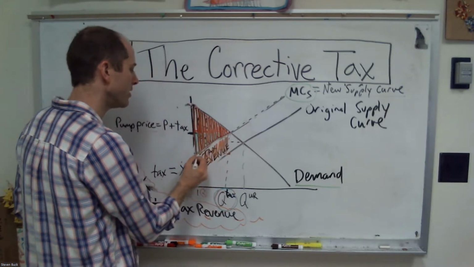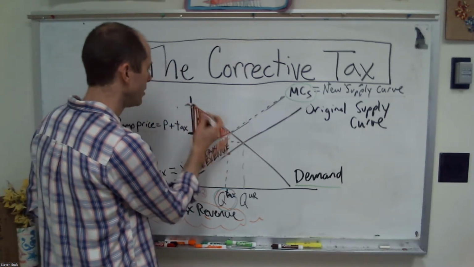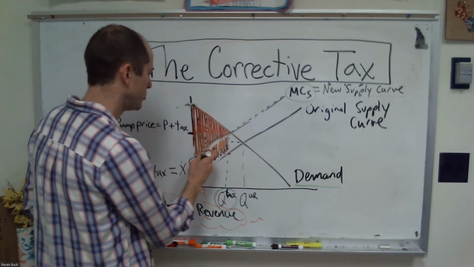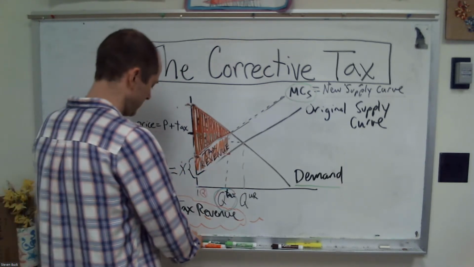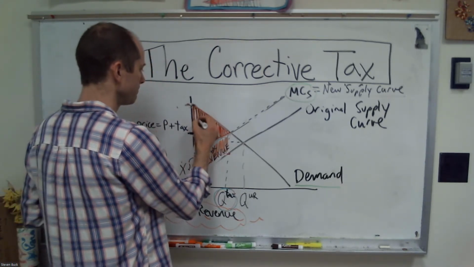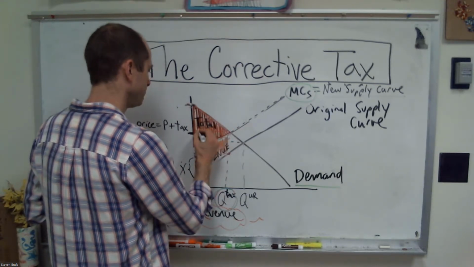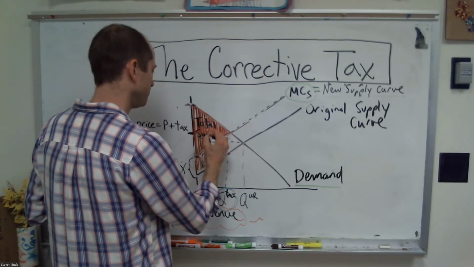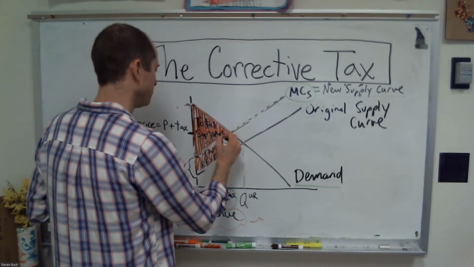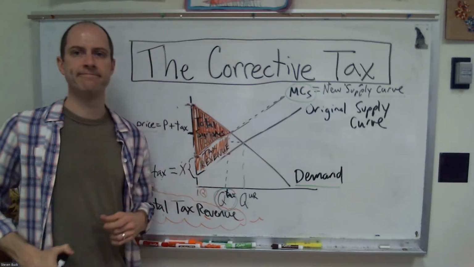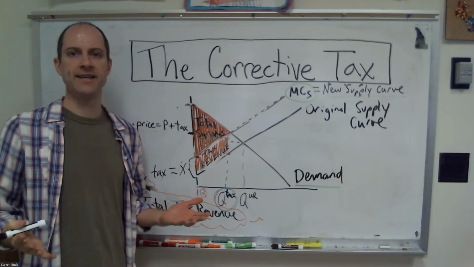So this guy right here is our total surplus. Make sense?